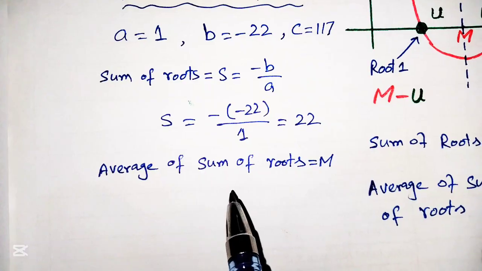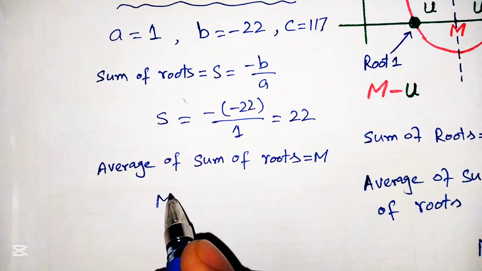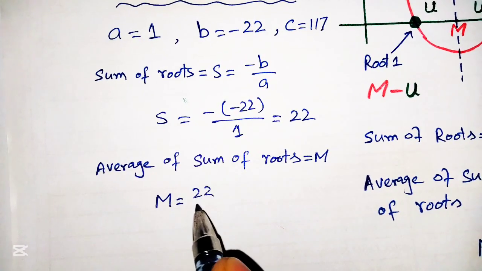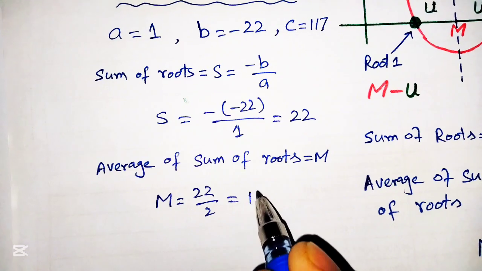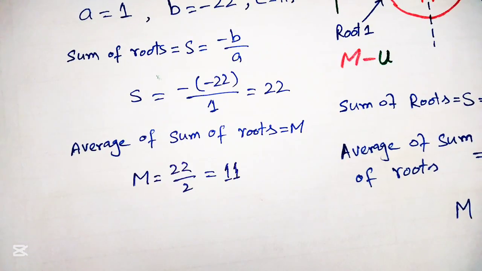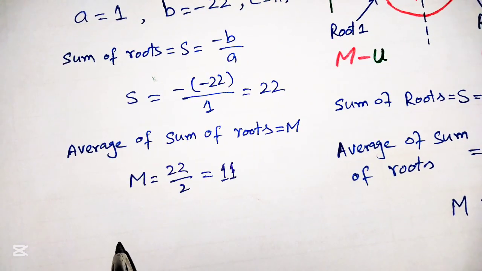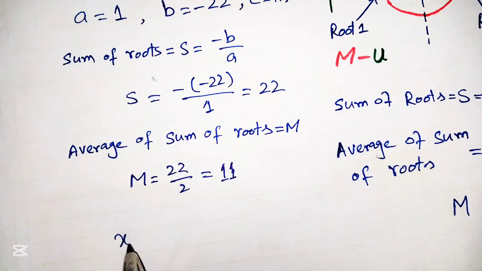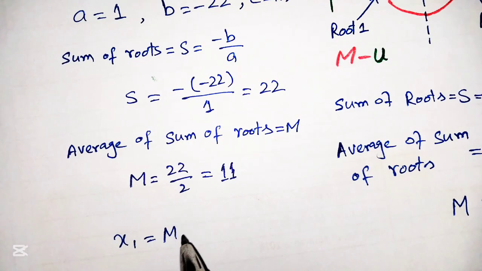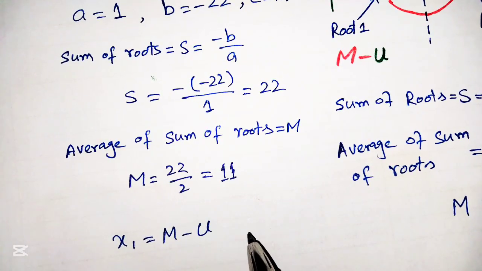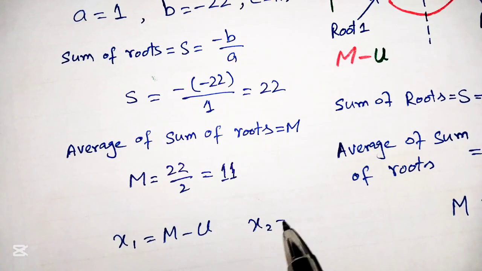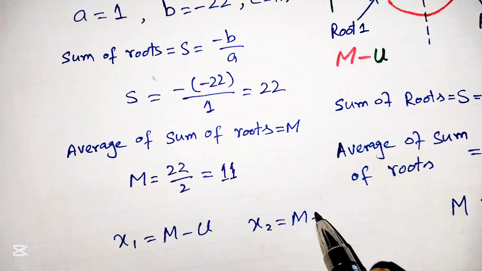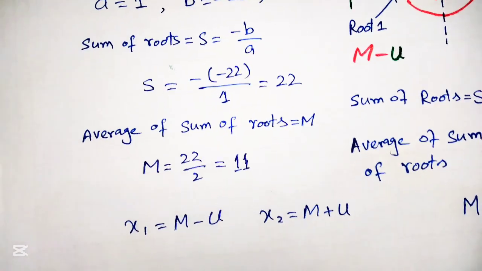Now the average of the sum of roots is given as m is equal to 22 over 2, which is equal to 11. Now according to the Po Shen Loh method, the two roots are given as x1 is equal to m minus u, and x2 is equal to m plus u. So here comes the magic.